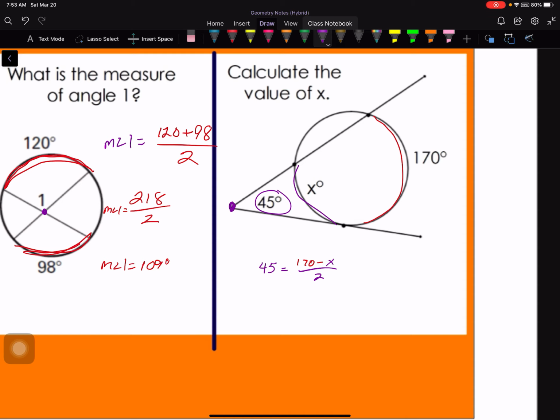So now we're going to solve for x, which means we got to get x by itself here. So we will multiply both sides by 2. So 90 equals 170 minus x, because that's going to get those denominators to cancel. We're still looking to solve for x here. So we will go ahead and subtract 170 from both sides.